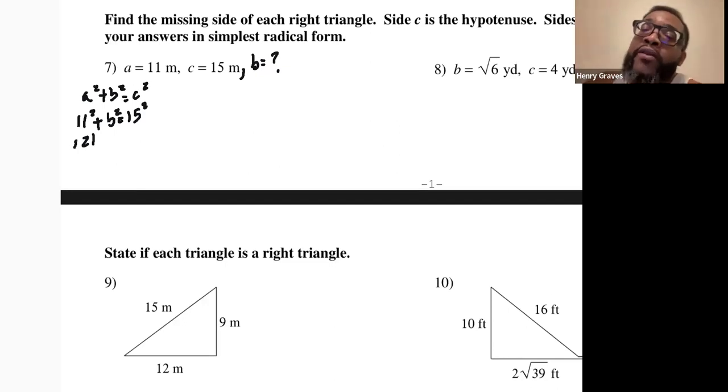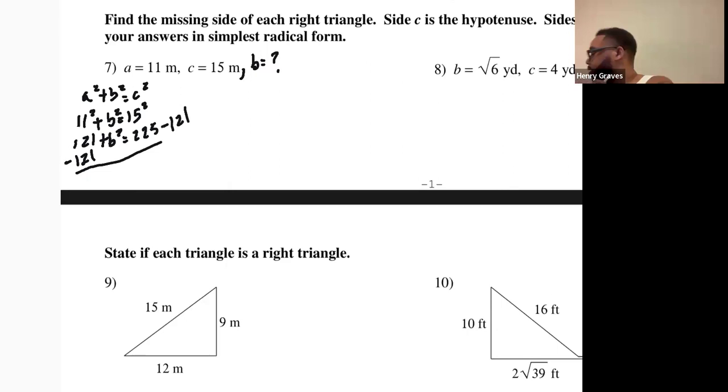So in order for me to find the B, I'm going to have to subtract 121 on both sides. So B squared is going to equal 225 minus 121. And that's 104.